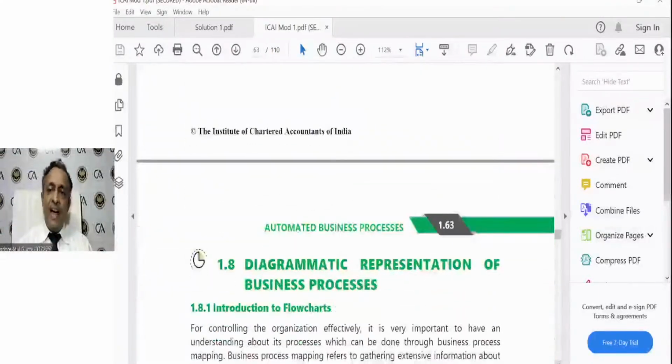Okay. Now coming to the part that we wanted to talk about is flow charting. So first we'll take the other two flow charts. So I'll bring the solutions.